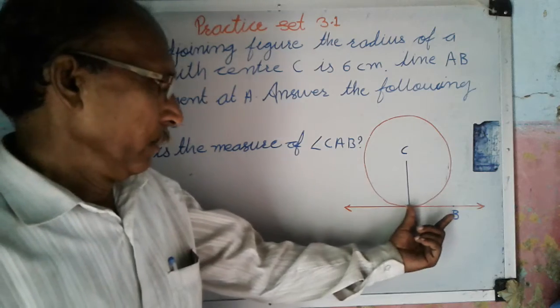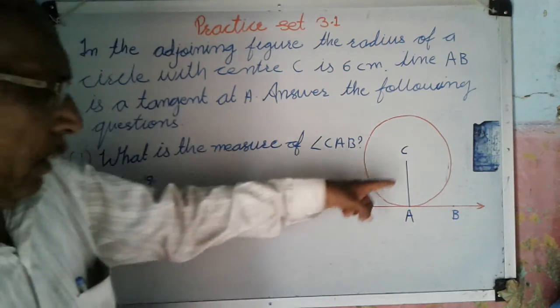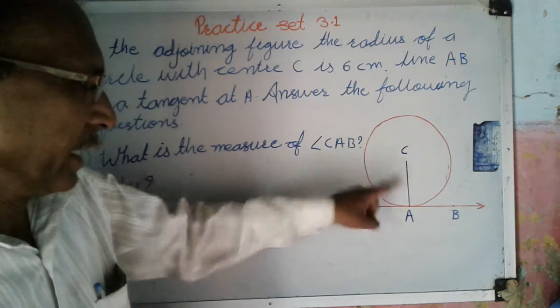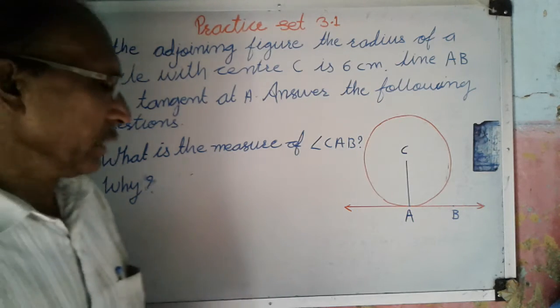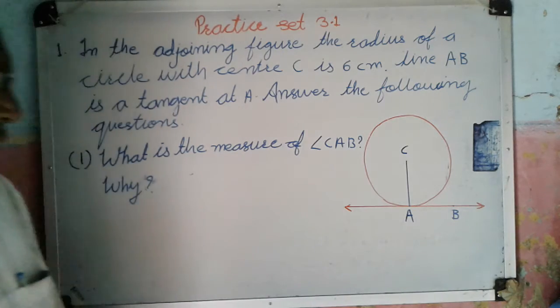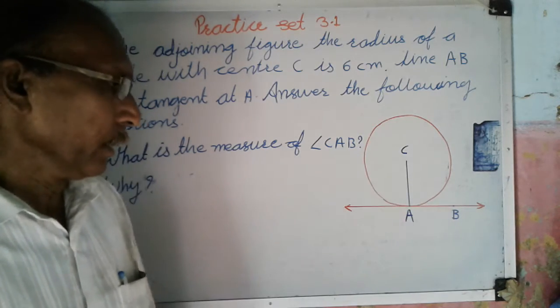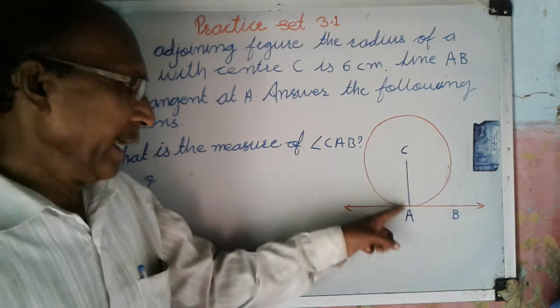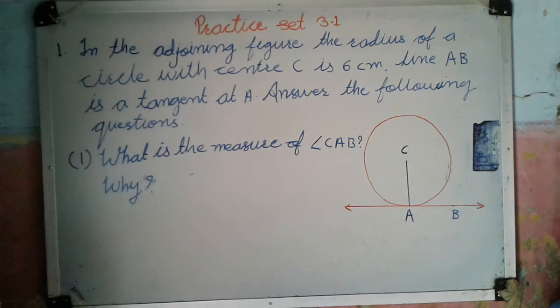Now, AB is the tangent at point A and AC is the radius. And according to the theorem which we have studied yesterday, that means tangent is perpendicular to the radius at the point of contact. Therefore, CA is perpendicular to AB and therefore angle CAB is equal to 90 degree.